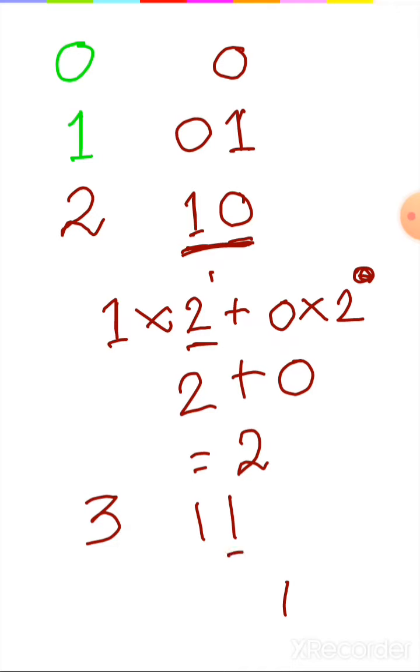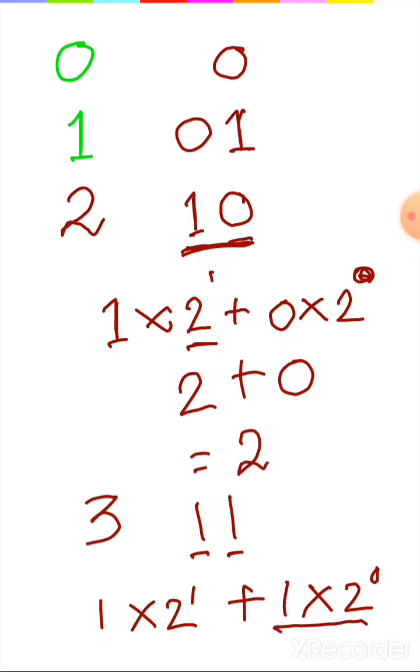The least significant bit 1 is multiplied by 2 raised to power 0, plus the second bit, the most significant bit, 1 is multiplied by 2 raised to power 1. 2 raised to power 0 is equal to 1, 1 multiplied by 1 is 1, plus 2 raised to power 1 is equal to 2, 2 multiplied by 1 is equal to 2. So 2 plus 1 is equal to 3.